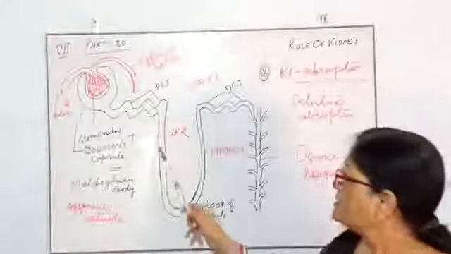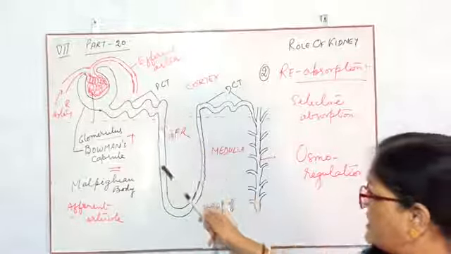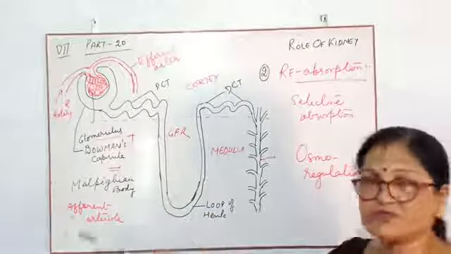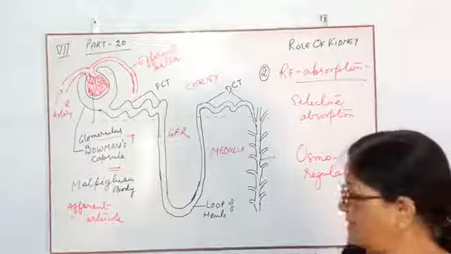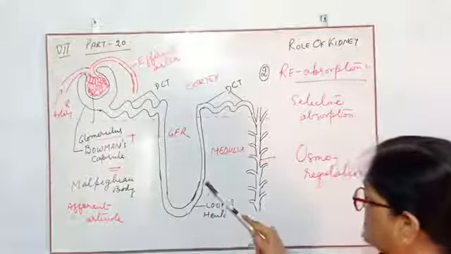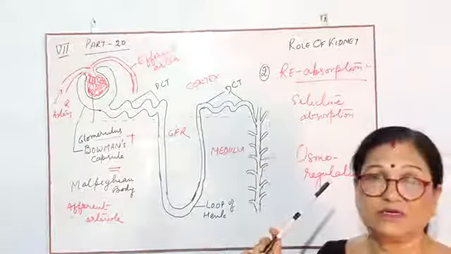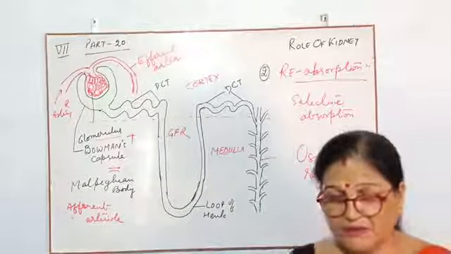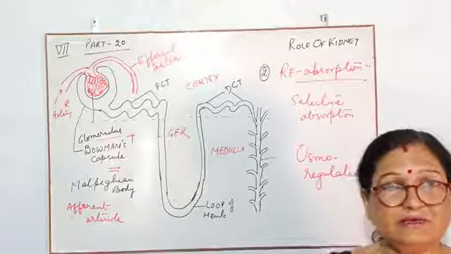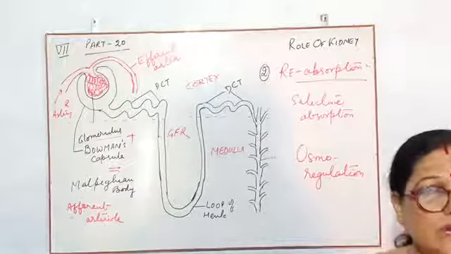Now you can understand the amount of filtrate gets less and less, because water will be absorbed, then essential materials will be absorbed, then it will reach the ascending limb of the loop of Henle. Ascending, as you studied in maths, descending order means from higher to lower, and ascending means from lower to higher.